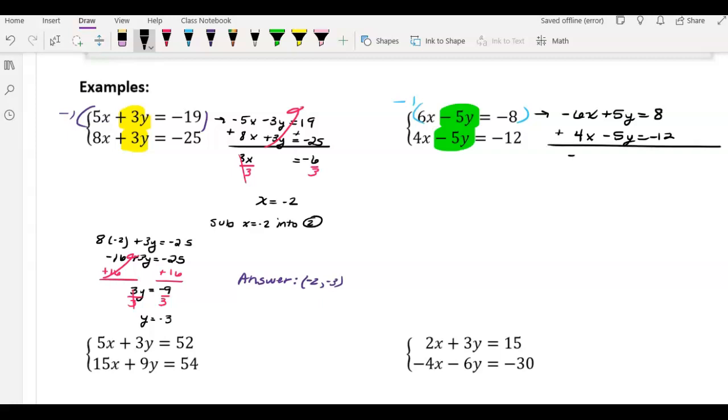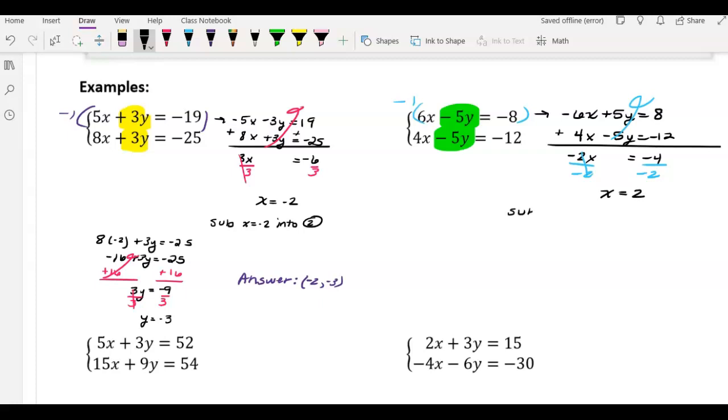-6x plus 4x is -2x. The 5y's cancel. Now we have 8 plus -12, which is -4. Once again, our goal is to isolate that x variable, so we're going to divide by -2. So x equals +2.